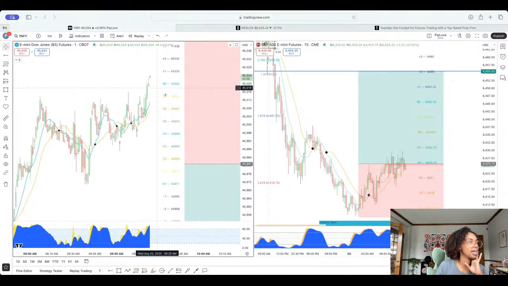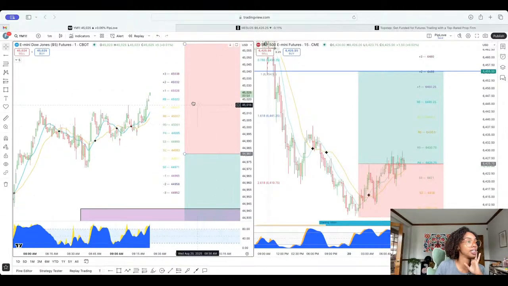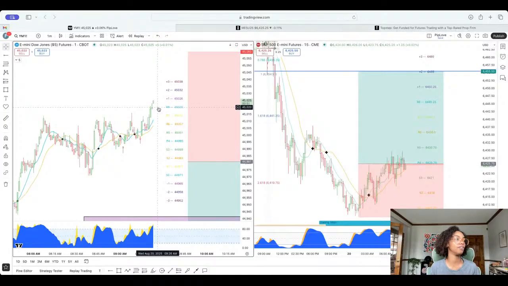Let's see how it reacts at this point here. It seems like it's just making higher highs. We'll see if we get a pivotal shift. And we have to remember, we're not in a trade yet. We're just looking to see how the market reacts so that we can get a proper trade idea here.